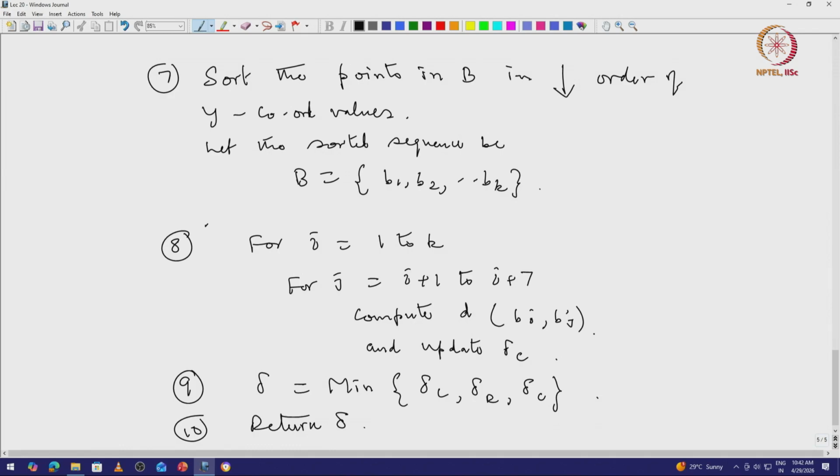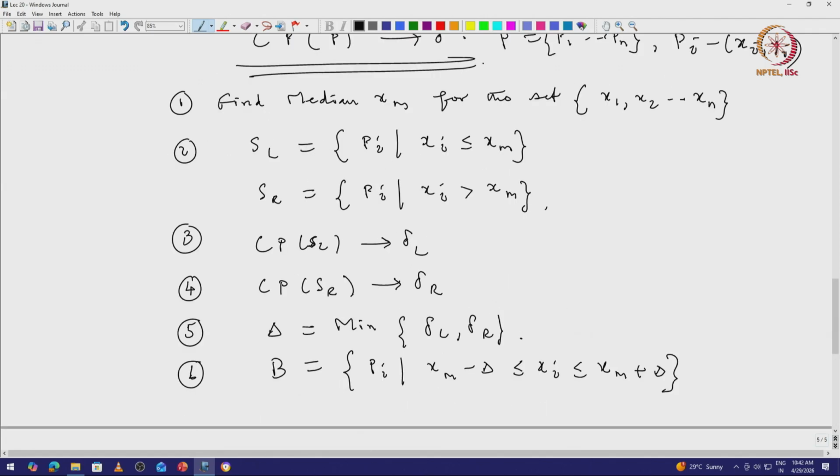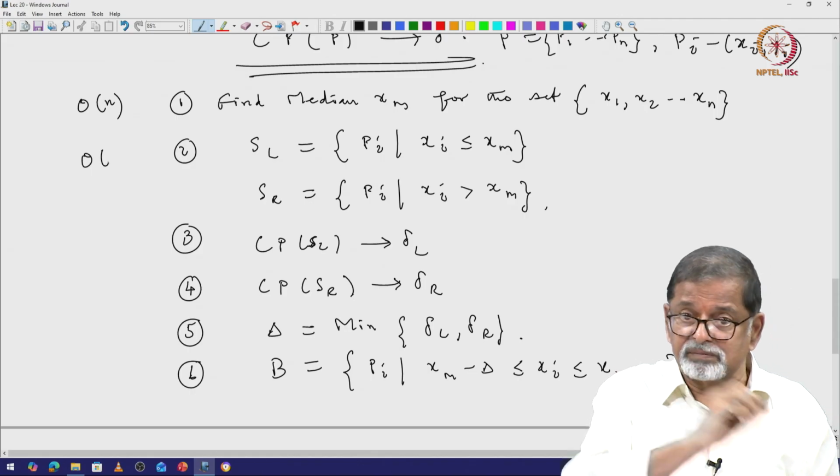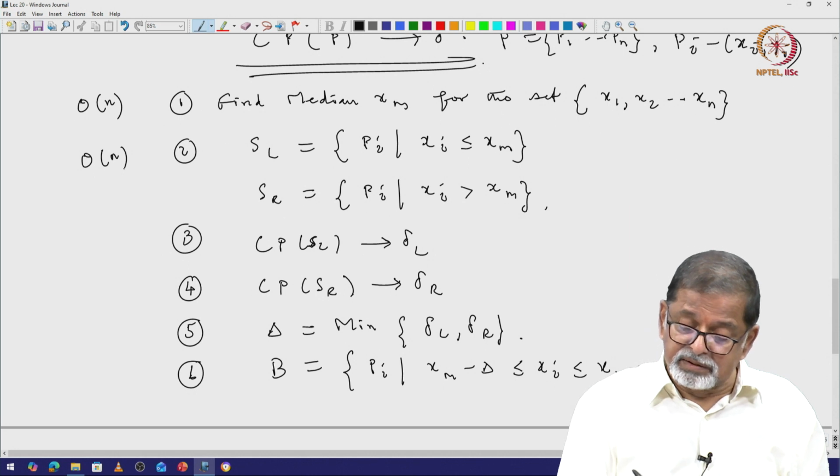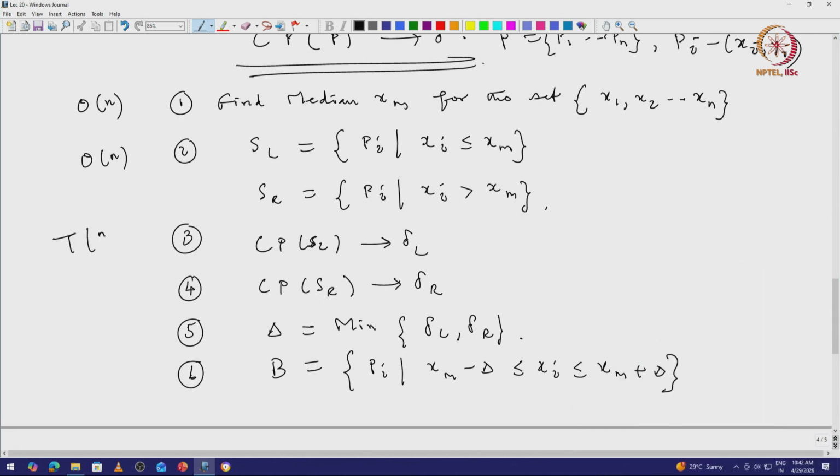The complexity is, we can see, finding the median is order n, a standard median algorithm. Splitting, you have to compare every point's x coordinate with xm, put in SL or SR, order n. Then the recursive calls are T n by 2 each, and finding the minimum is order 1.